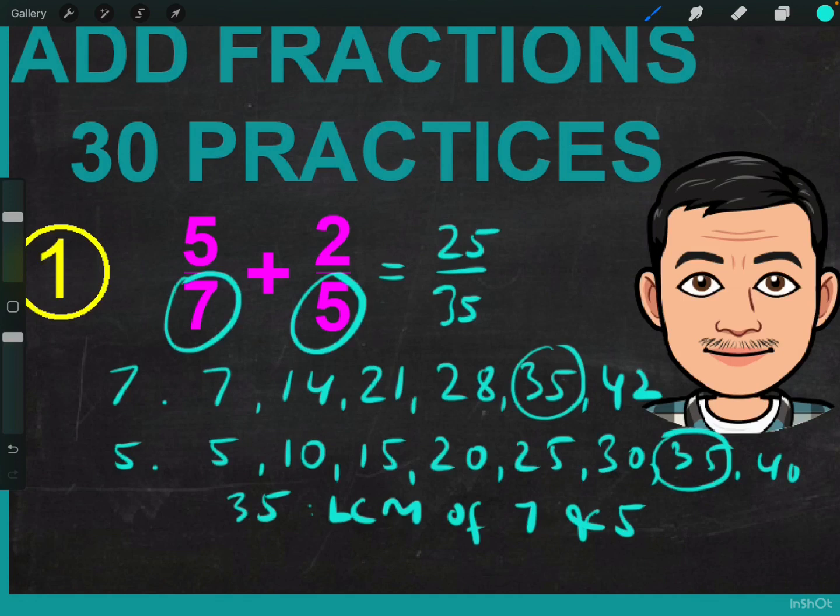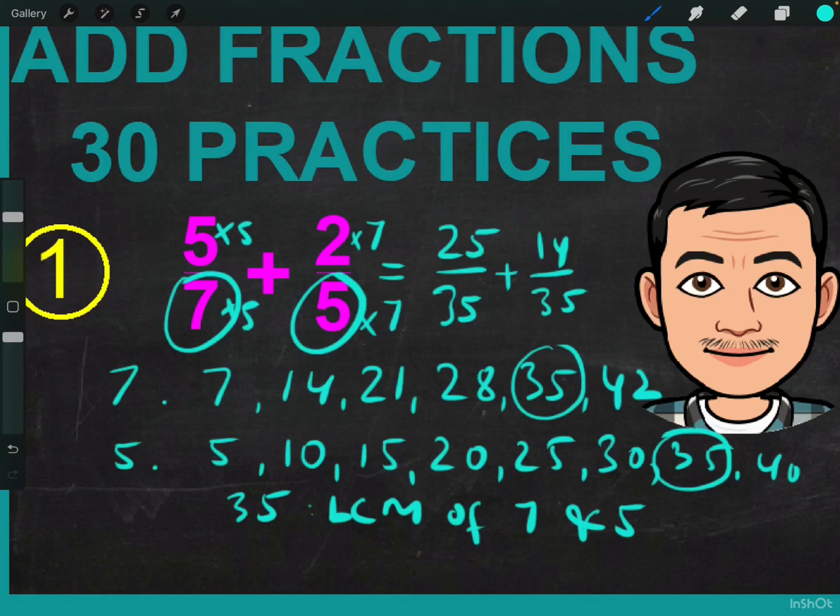So we multiply both top and bottom by 5. And the fraction 2 over 5, we convert to 14 over 35. We multiply both number 2 by 7 and number 5 by 7.